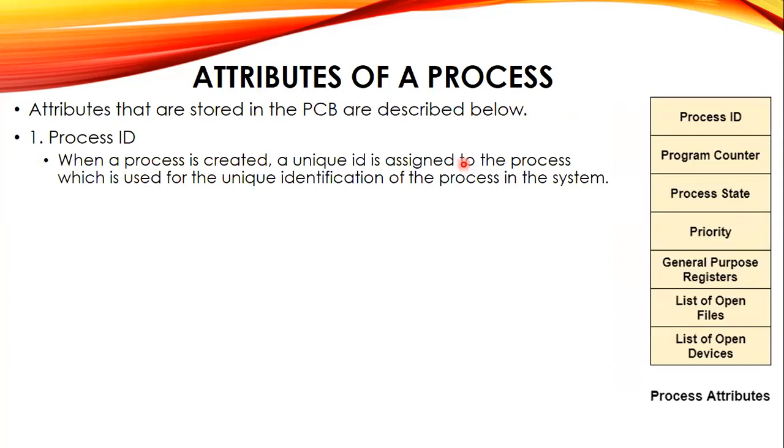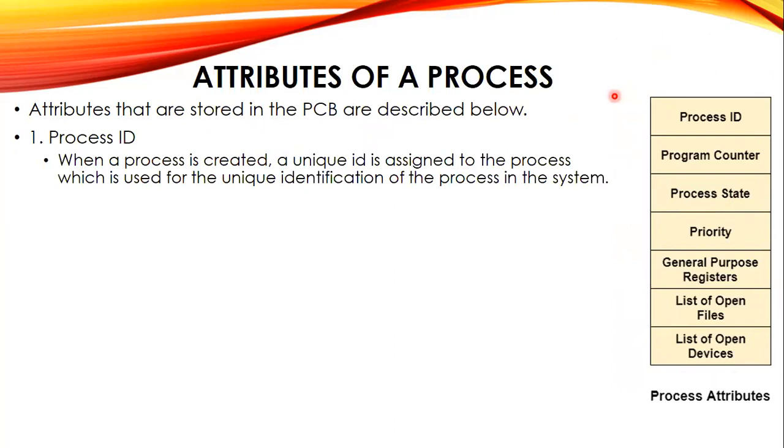So there are some attributes of a process control block. These are just generic attributes, and in operating systems, some of them may be much more complicated.